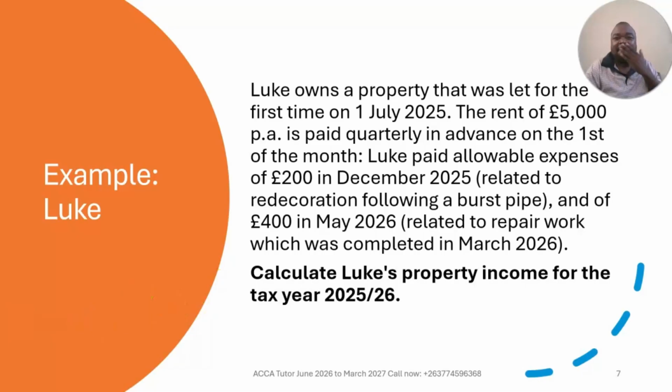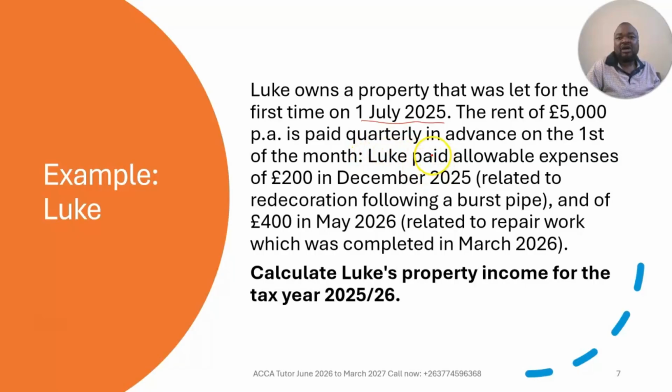Okay, now we just have to be comfortable here with the aspect of dates, because dates do matter. All right, so the property was let for the first time on 1 July 2025, and the rent was for the whole year. The rent of 5,000 per annum is paid quarterly in advance.